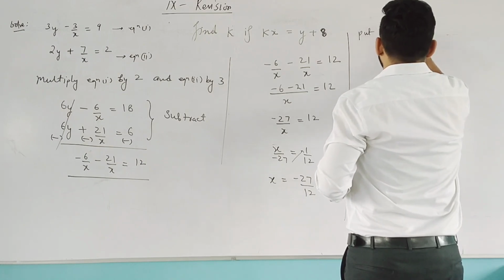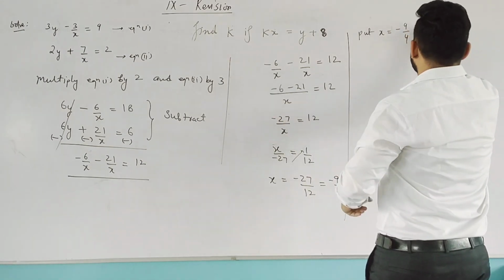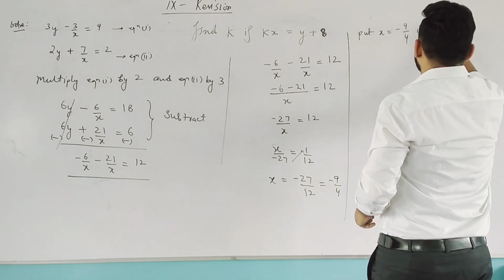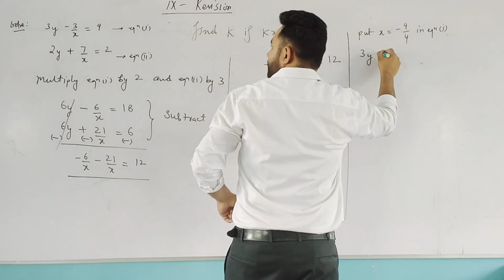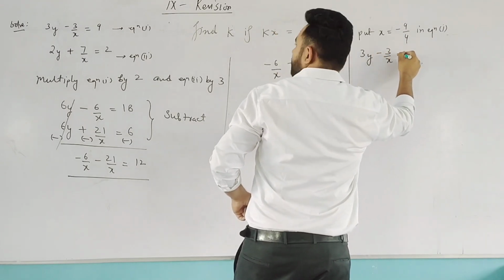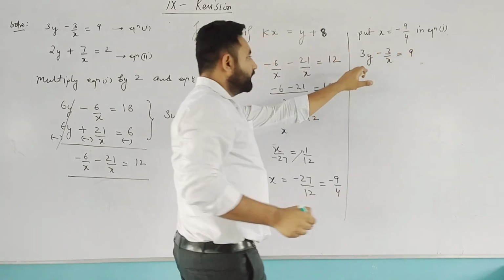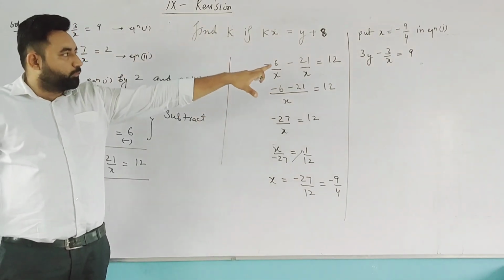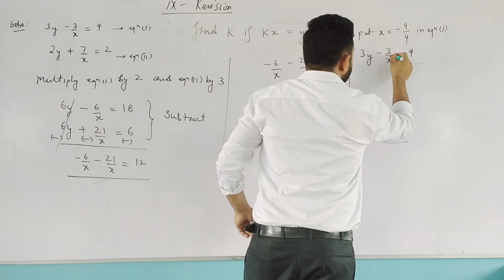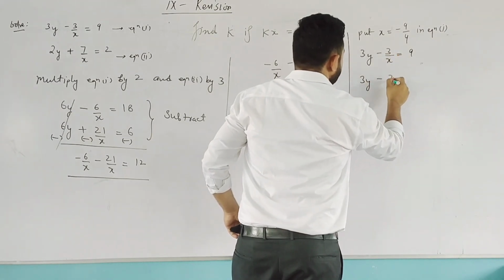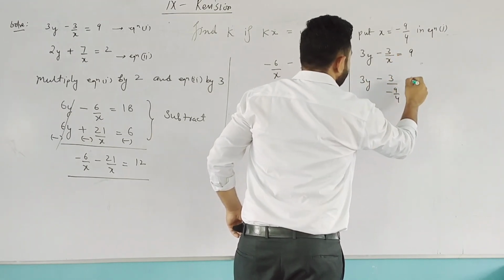For that, we need to put the value of x in any of the equations. So I have selected equation number 1 here, that is 3y minus 3 upon x equals 9. Put the value of x in this equation: 3y minus 3 upon minus 9 by 4 equals 9.